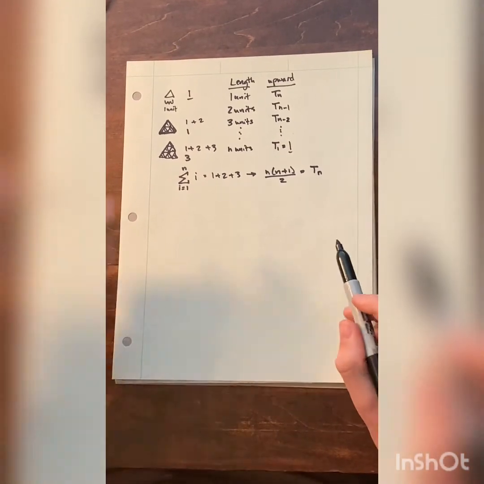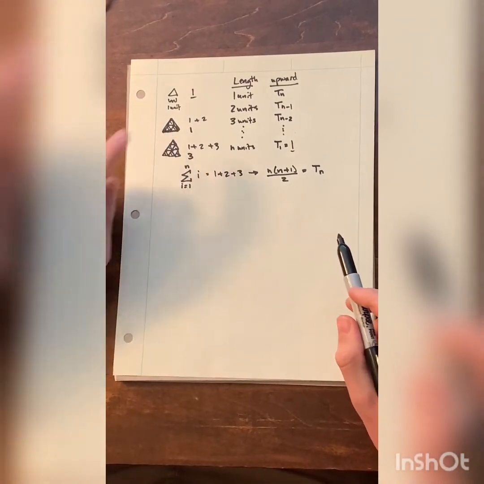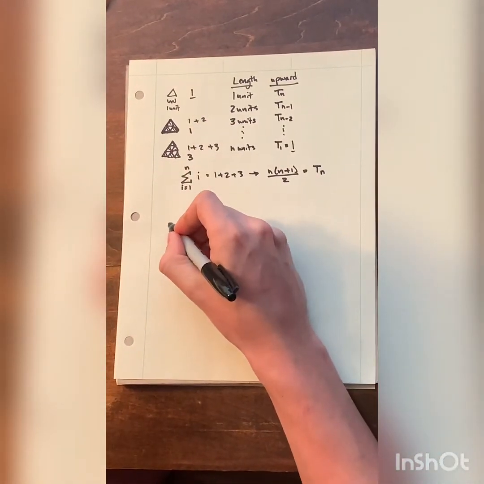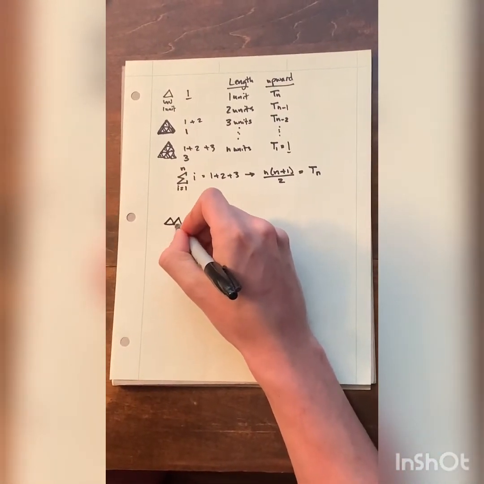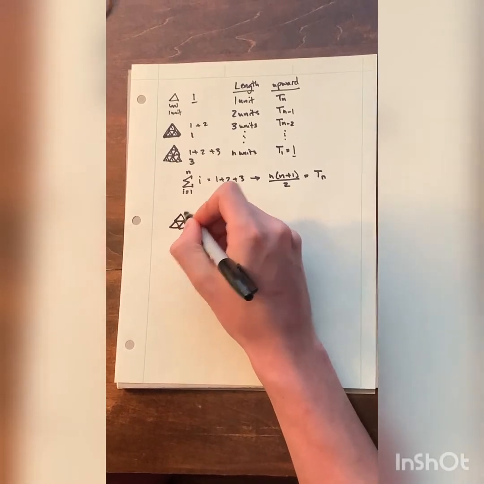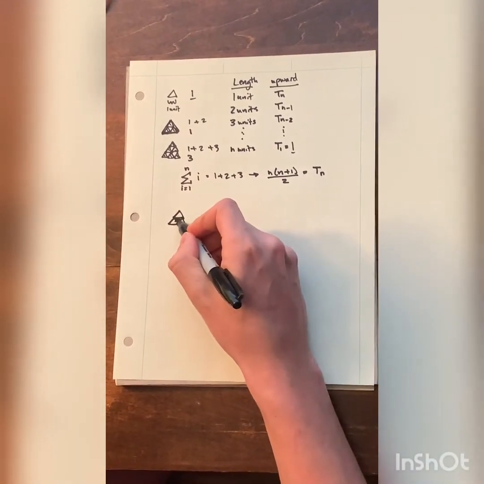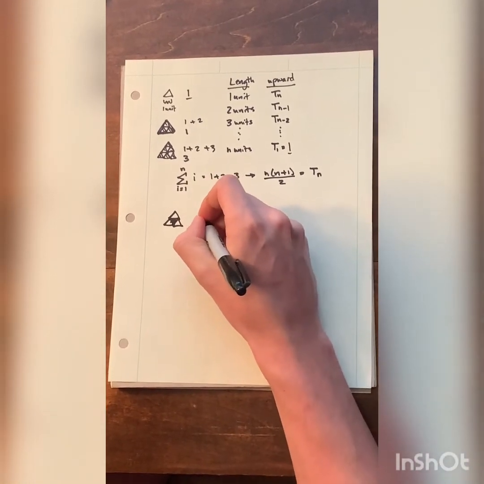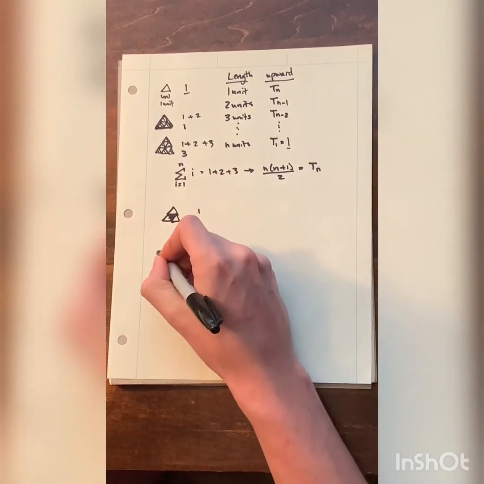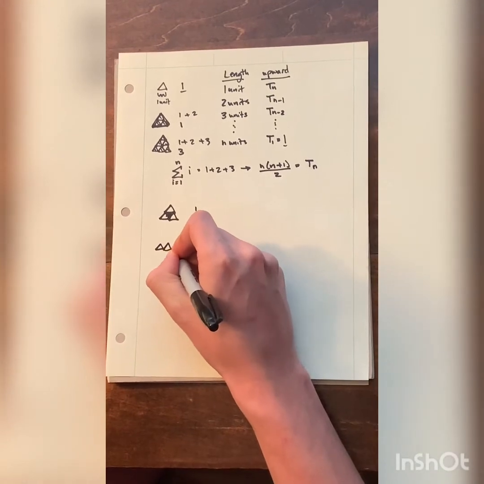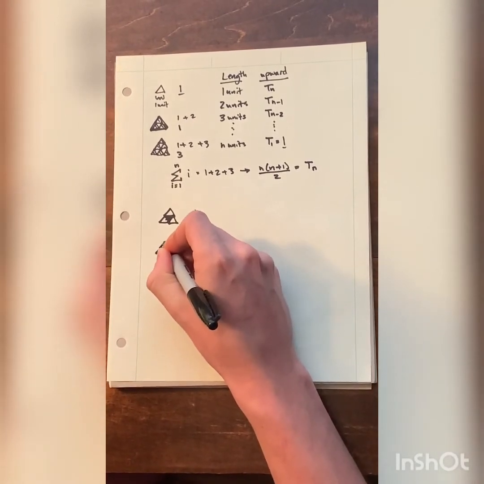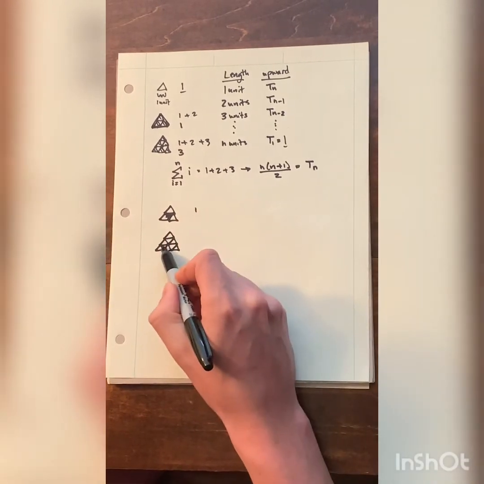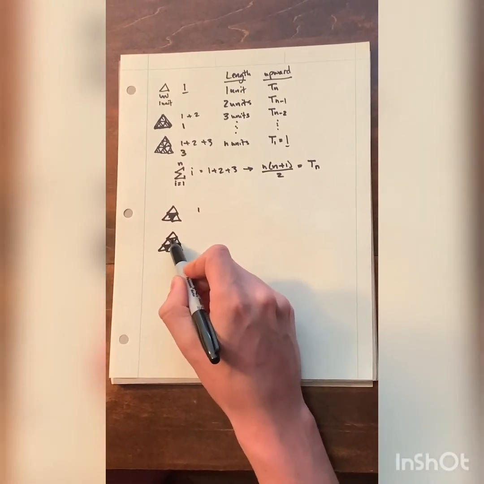But we can also make downward triangles. So let me redraw this triangle here that is 2 units at the base. We have one downward triangle that is 1 unit in length. And if we do the same thing for 3, we can make 1, 2, 3.